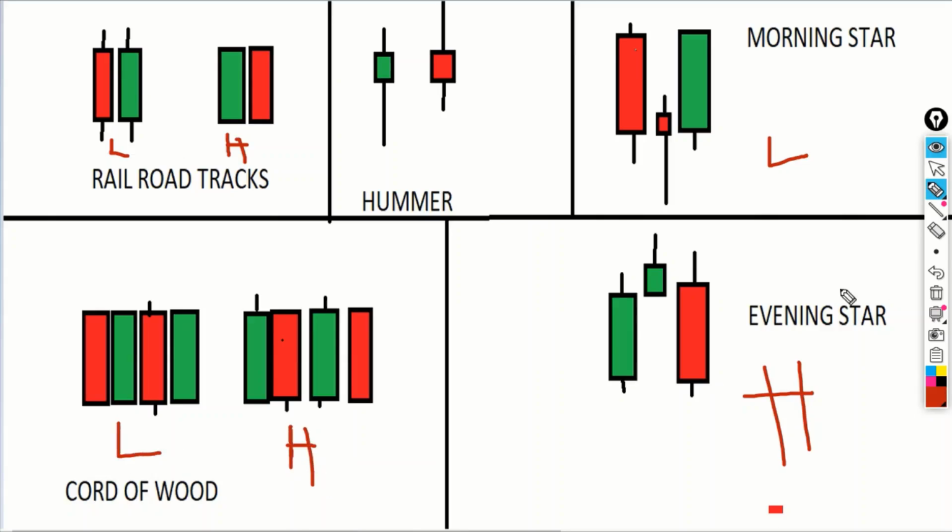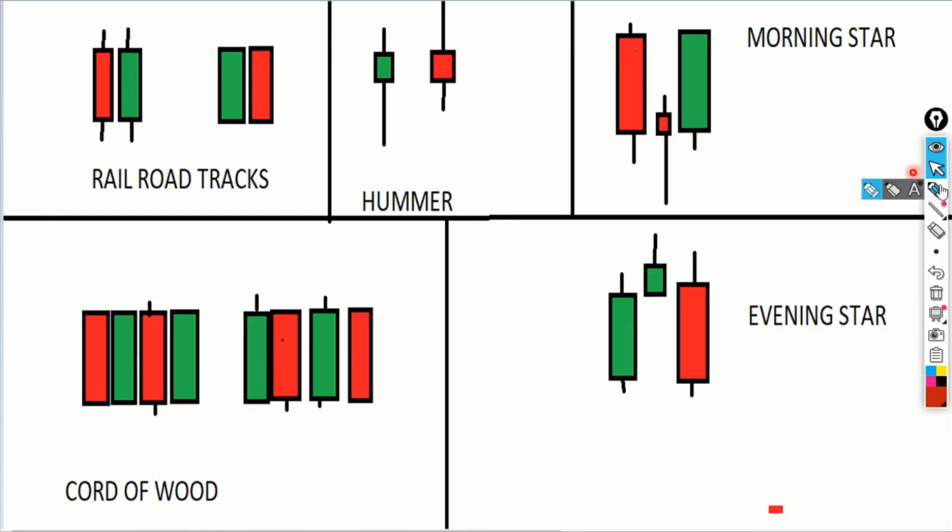I gave you the definitions of these candlestick patterns, what they are and when to look for them. You need to look for these patterns here. We have your consolidation, false move, pullback. Here you start to look for them at the second leg.